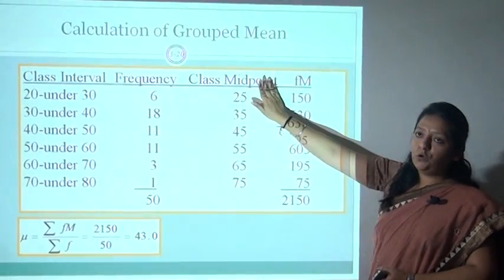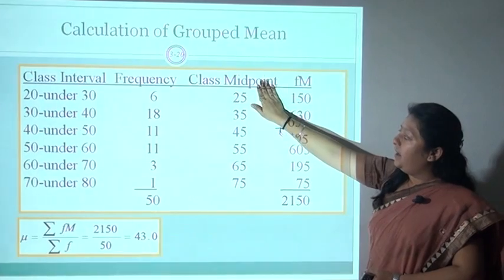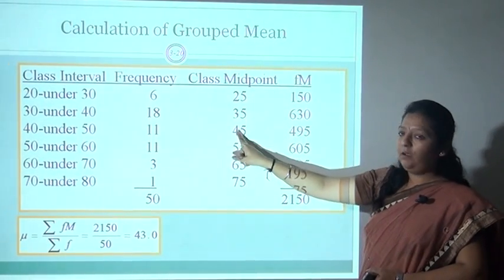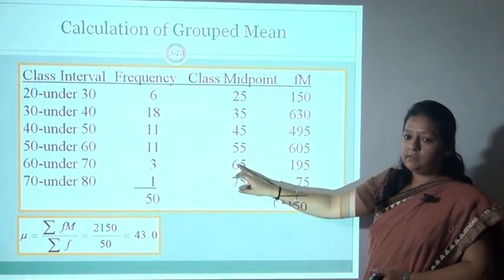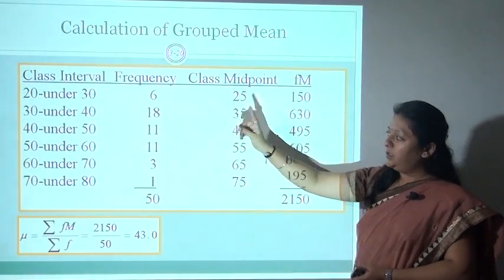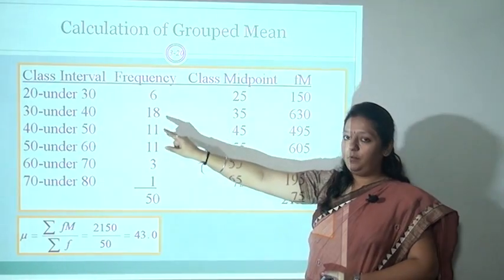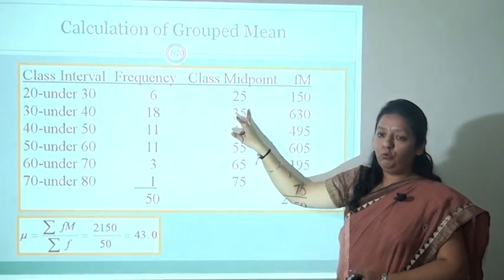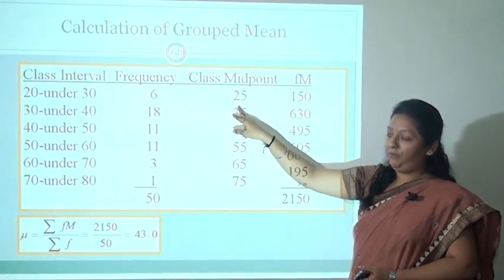Now we'll find the class midpoints: 25, 35, 45, 55, 65 and 75. This can be obtained from the class interval, that is 20 plus 30 divided by 2, giving the value 25.